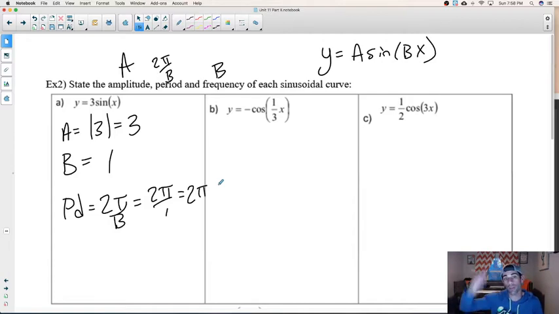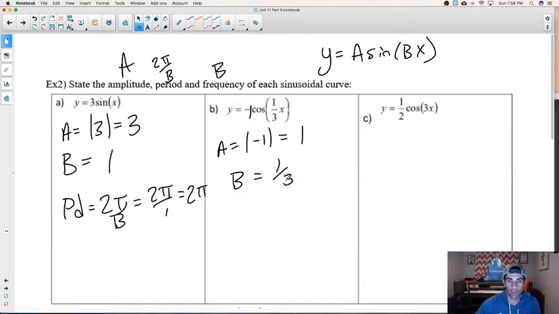Okay, so there you go. Hit pause, try b, try c. All right, here we go. B has an imaginary 1 in front of that cosine. So the amplitude is the absolute value of -1, so the amplitude was 1. The frequency was 1/3, and the period, the formula is 2 pi over b, which is 2 pi divided by 1/3.